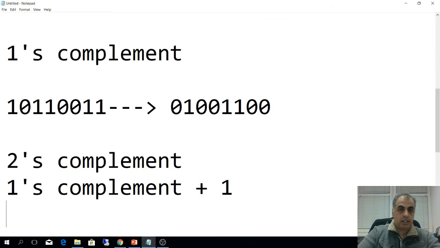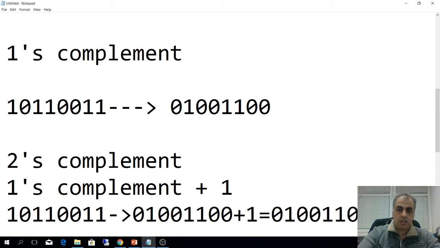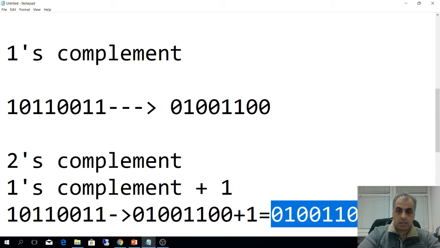Now when we talk about this number 10110011, its 1's complement is 01001100. Then plus 1 is becoming 01001101. So this is the 2's complement of this number.